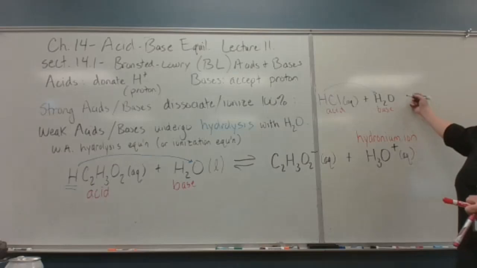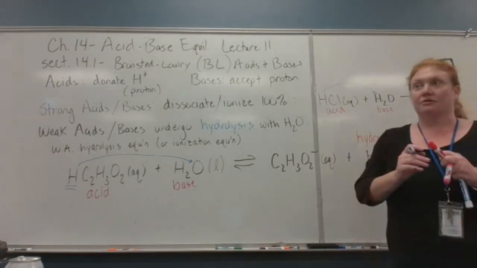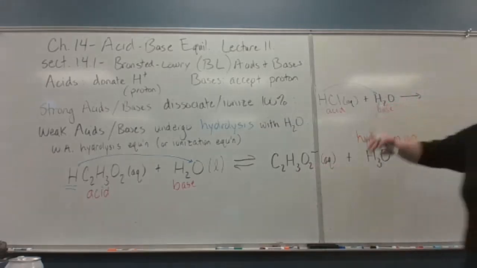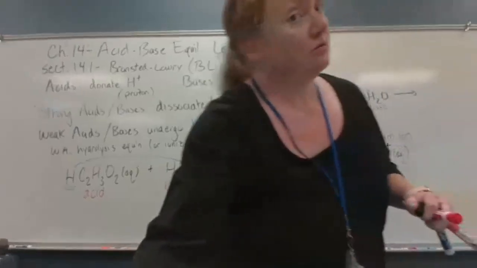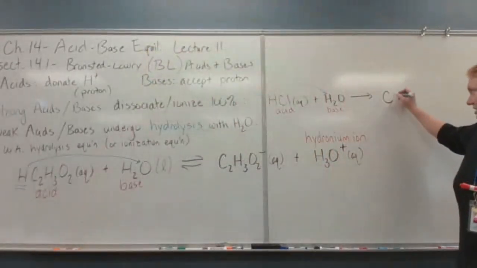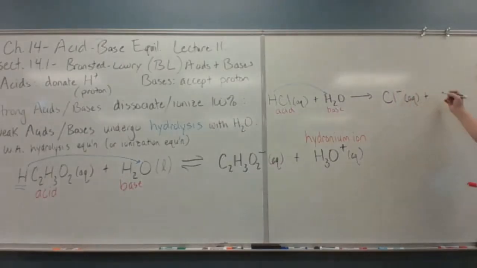Only this is not an equilibrium. This is just a 100% forms what? What are the two ions that are going to get formed for this acid? Cl minus, chloride ion, right? And hydronium.